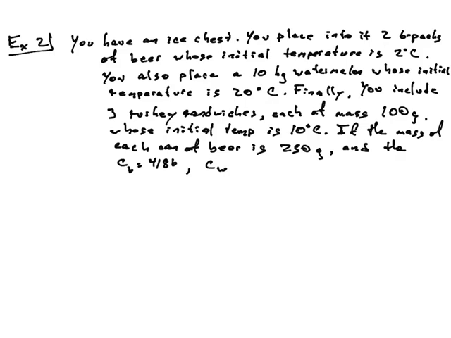The specific heat for the watermelon is 4,000, and the specific heat for the turkey is 1,000. Find the final temperature of the system.